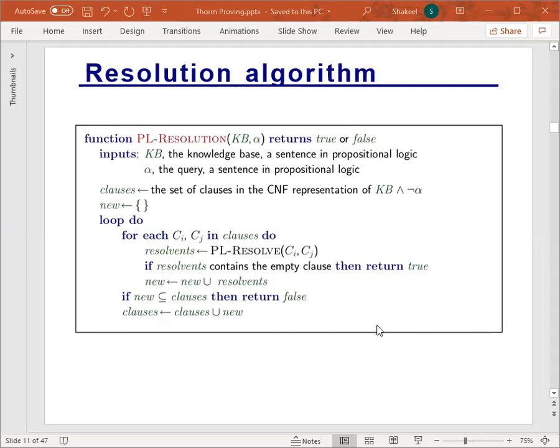We continue resolving each pair of clauses until we come up with the empty clause, meaning there is a contradiction and KB entails alpha, or we are not generating new clauses anymore, which means we are done and KB and the negation of alpha is satisfiable. This is how the resolution algorithm works.